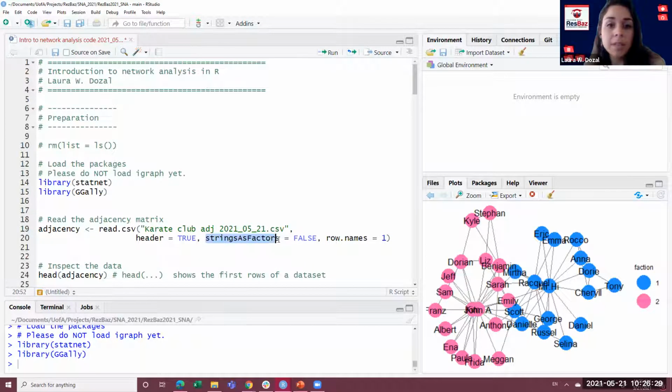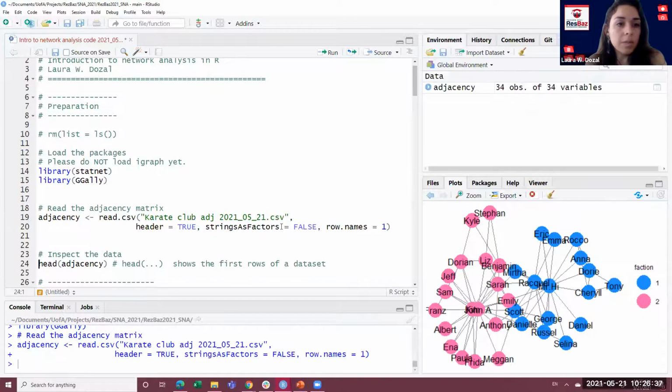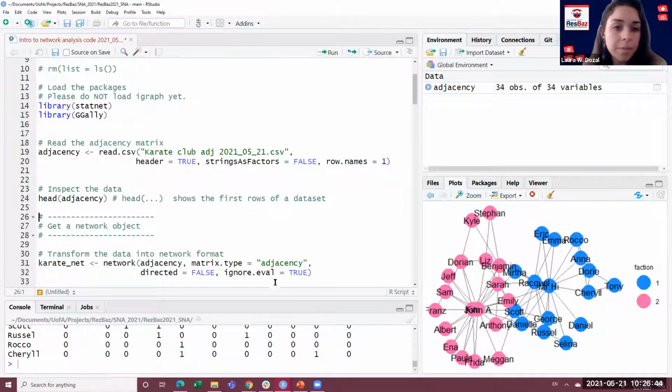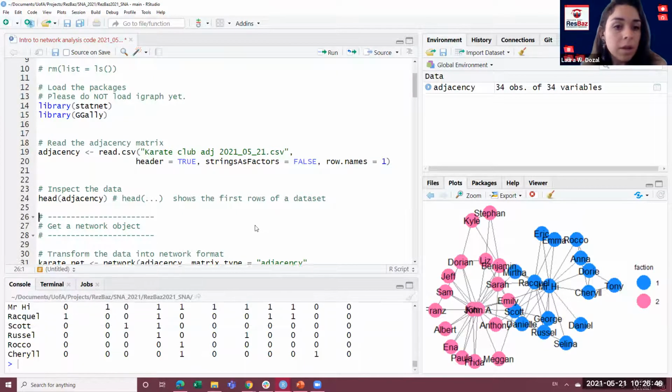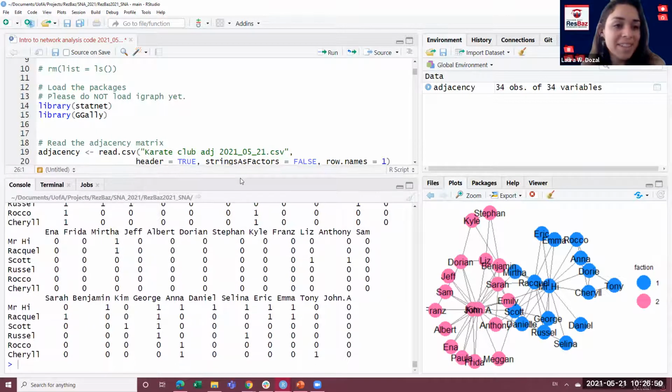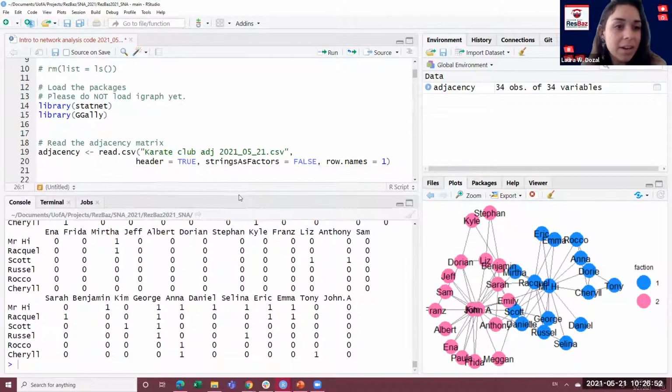We want to keep them as strings, and we're going to start our rows at 1. And so we're going to look at the head of the adjacency matrix. So we're just going to look at the first 5 rows, but it gives us all of the columns, but we can just look here.